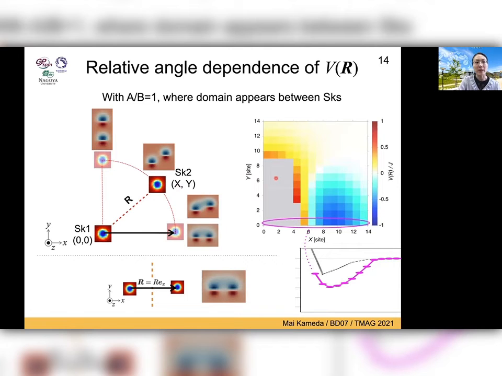This is the angle dependence of V of R. The interaction previously shown corresponds to this part. When skyrmion 2 is on a red cell, it is repulsive interaction, whereas when it is on a blue cell, it is attraction.